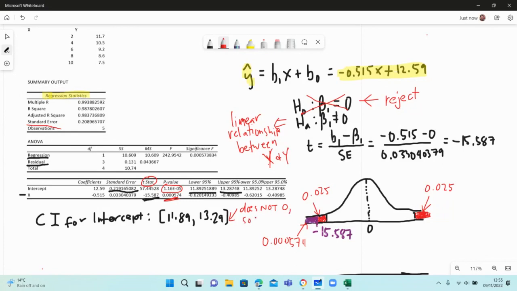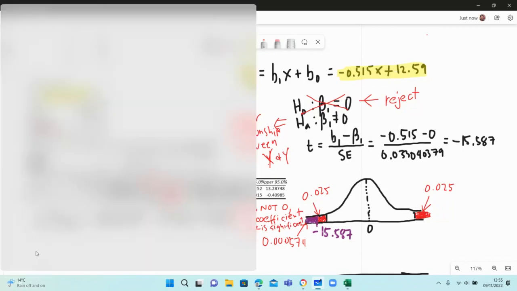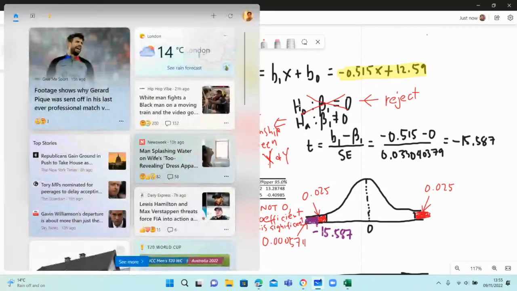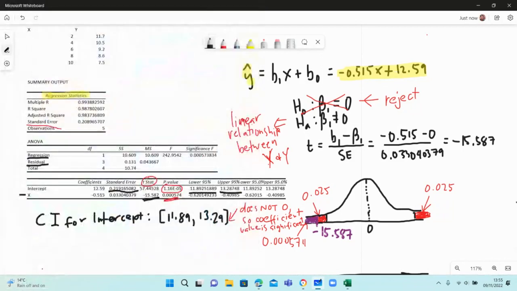So the coefficient value is significant. Okay. And the same thing could be said for the slope of our regression model, which is, okay, let's try to indicate that.